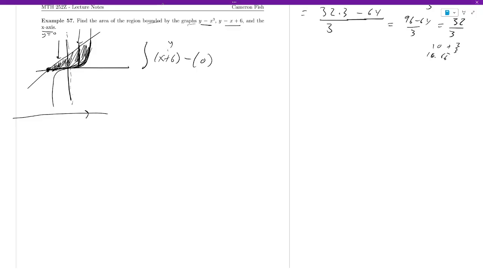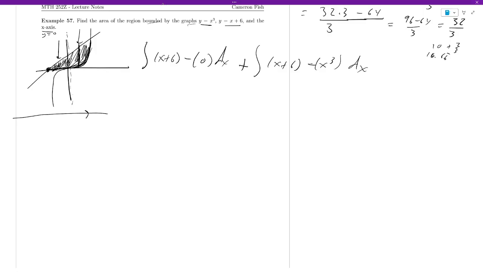Then dx. And then we're going to add the left region plus the right region. This time the top function is x plus 6, and the bottom function is x cubed. You can put it in parentheses if you want to.